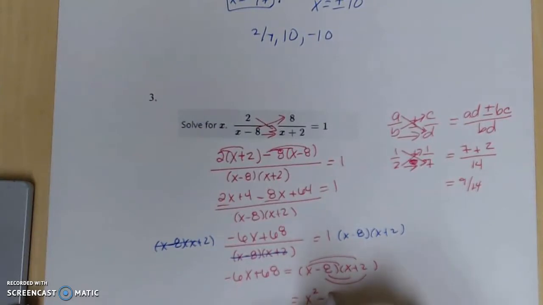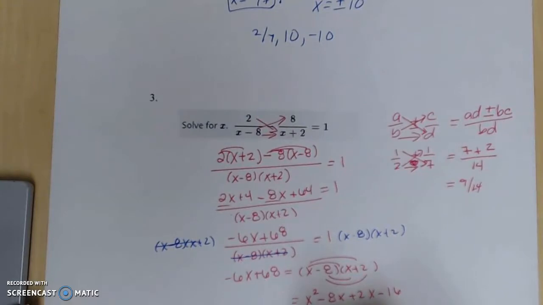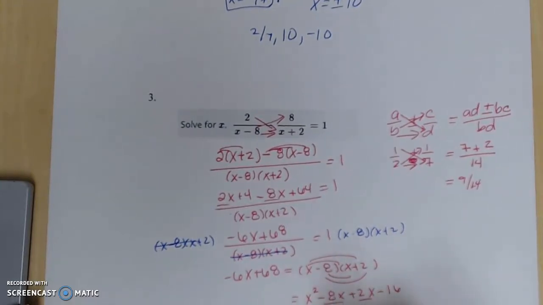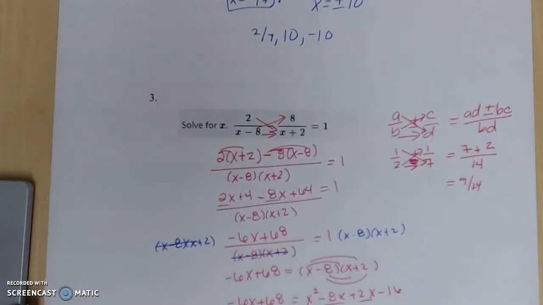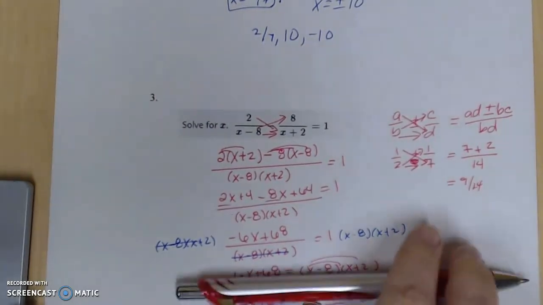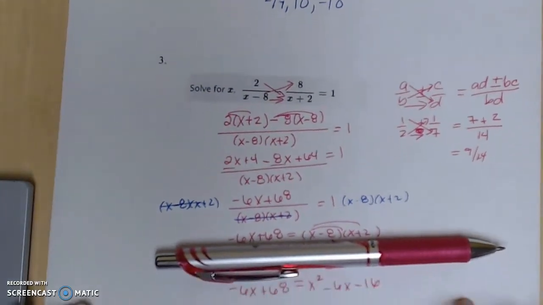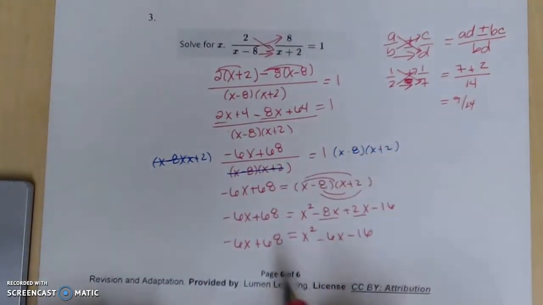So I get x squared minus 8x plus 2x minus 16. And I'm going quickly, I know, because you should know how to multiply this together. You FOIL it out, combine like terms. And you'll notice this negative 6x plus 68 is just going along for the ride. So you see here, after all that work, and I know you're probably stressed after seeing all that, you finally get a quadratic.